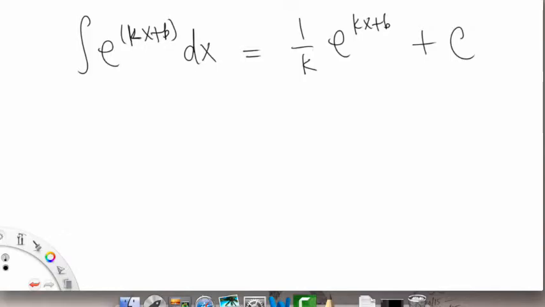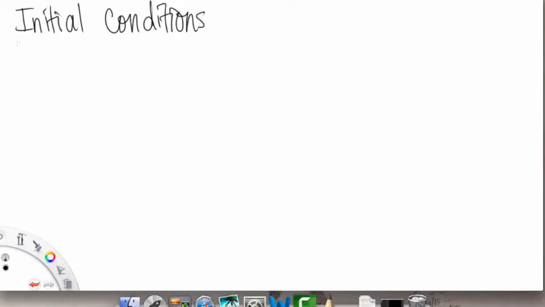Okay. So now for the last topic, and it's called initial conditions. So far, we've been dealing with indefinite integrals, right? Indefinite integrals are pretty much variable and flexible because of that unknown constant that comes out in integration. Because our antiderivatives are not unique, remember, there are multiple solutions and they can differ by a constant.